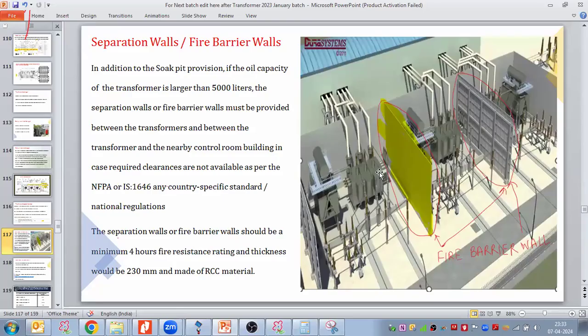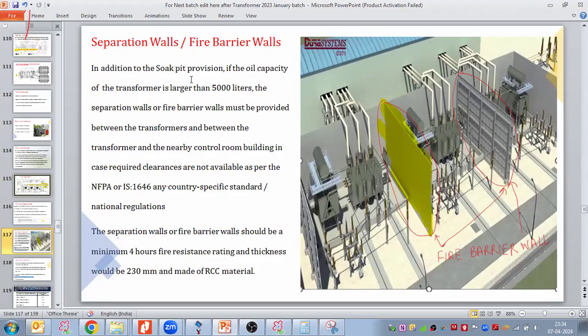So take the full GA and then extend 600 mm above the transformer, considering that if any fire happens, it can go 200, 300, 400 above the transformer. So we take the margin higher, 600 mm higher for this wall.